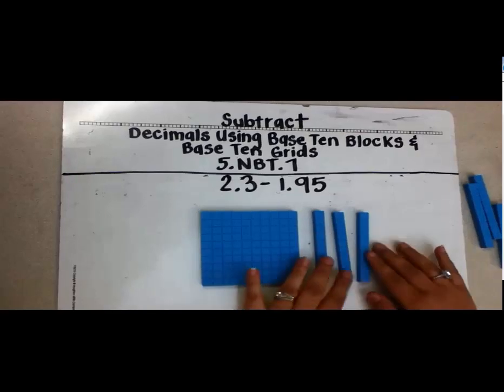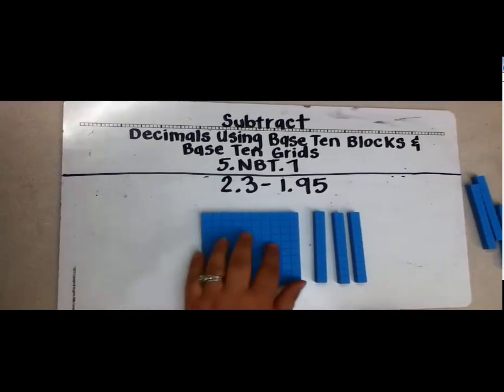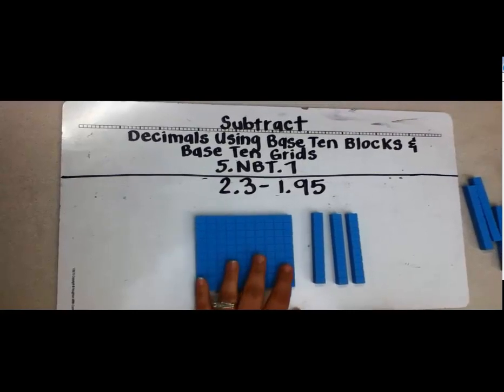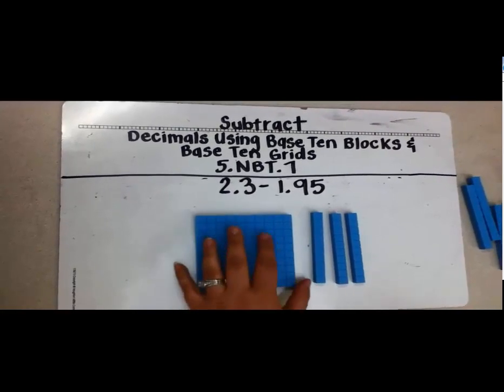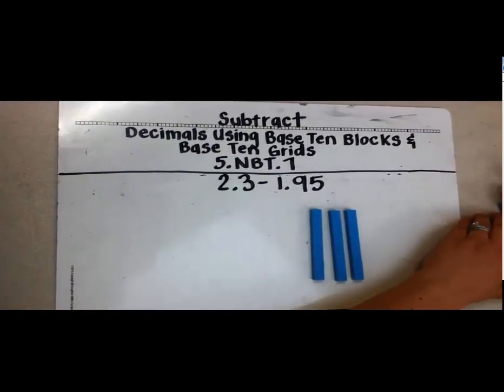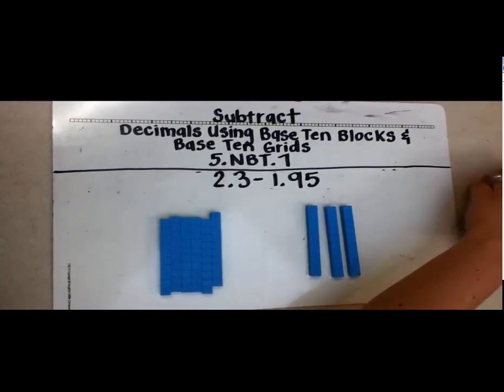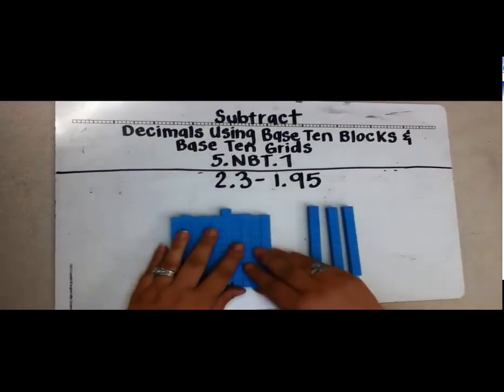I only have 3 tenths here, and so what I would need to do is make a trade and exchange the one whole for what it's equivalent to, which is 10 tenths. So that would be 10 tenths.